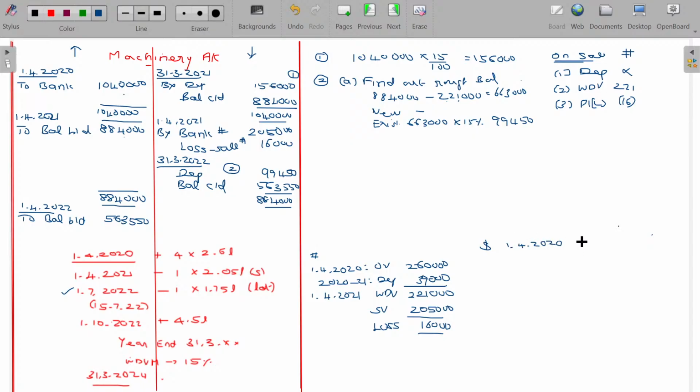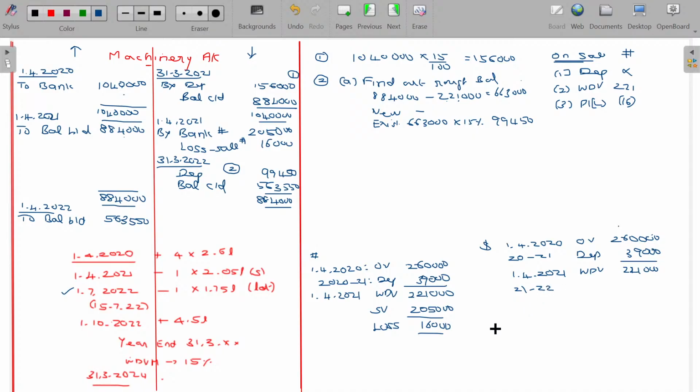1/4/2020, this asset we originally purchased for 2,60,000. This asset was used in the year 2021 fully, so it is fully depreciated at the rate of 15%, which is 39,000. Then we found the WDV on 1/4/2021, which is 2,21,000. What about the year 21-22? In 21-22 also we used that asset fully.